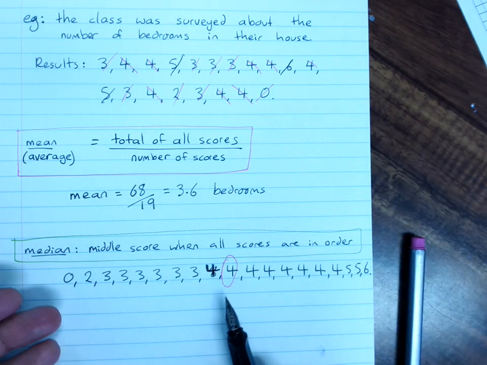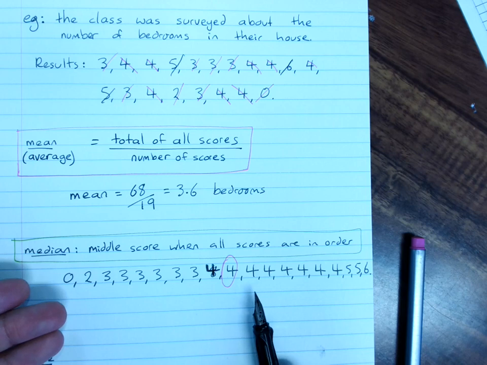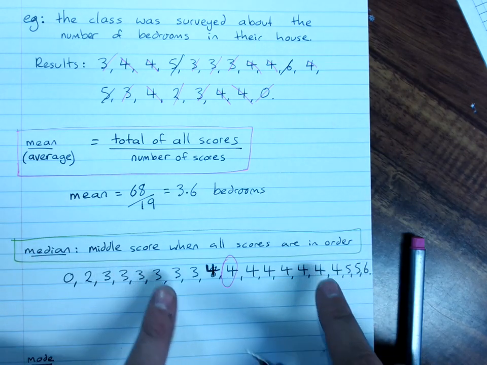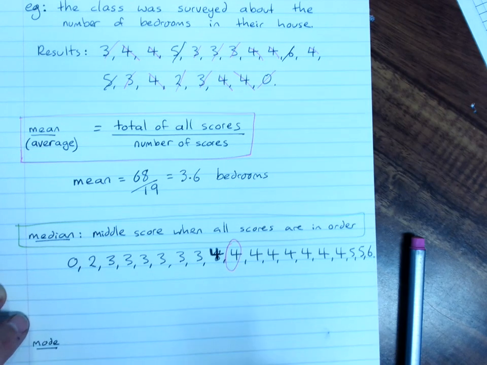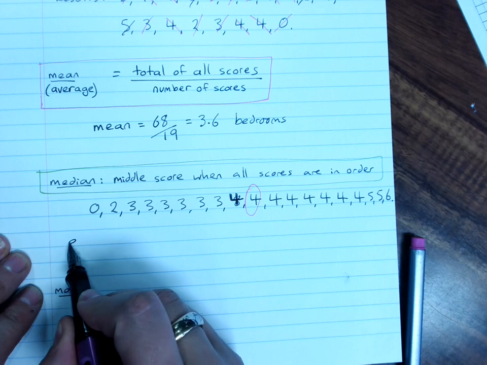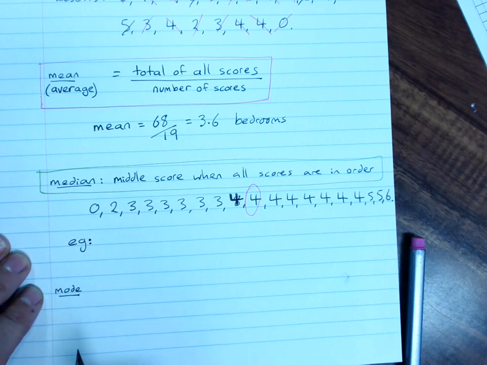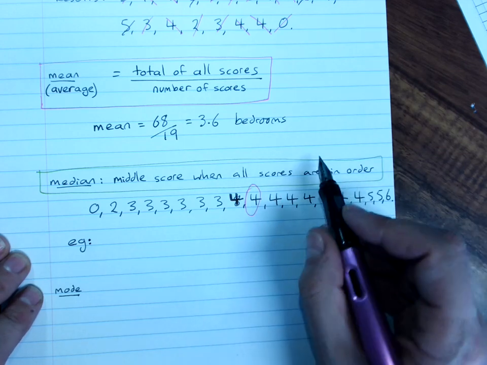There can, of course, be the problem of what you do when you don't want to count in like this, or when there's an even number of scores. So let's just do a little separate result here. We forgot to say that the median is 4 there.